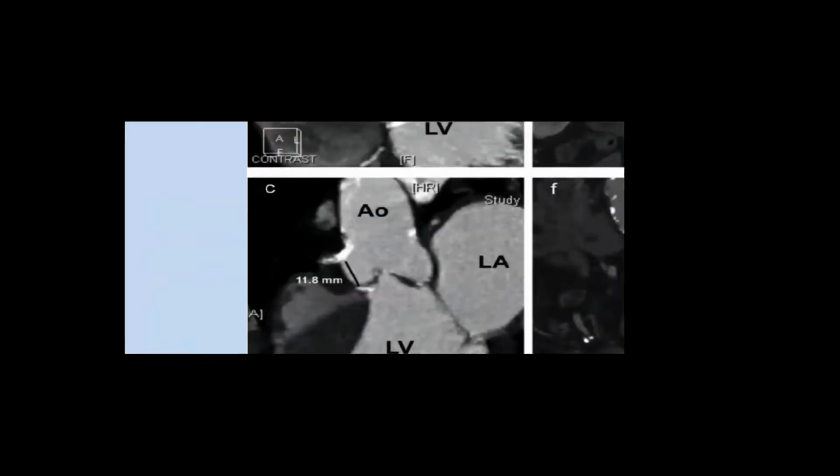A safe height is something above 10 millimeters. If there is a short height of left main or RCA, your TAVI valve might occlude the coronary, and that becomes a big deal. So calculating the height of takeoff is important.